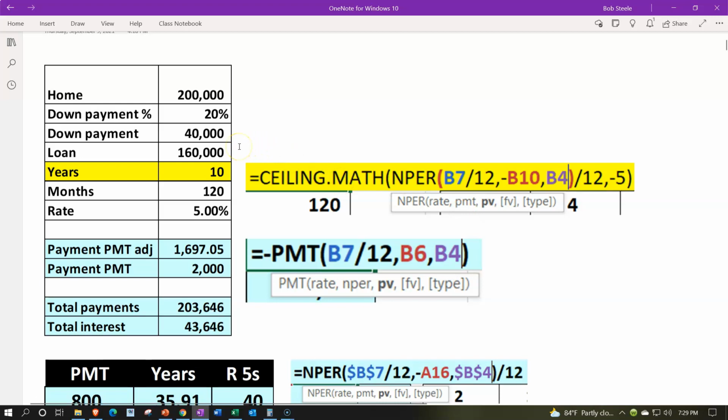That's going to be the $160,000 in this case. If we just stopped there and had just this portion here to here, that would then give us the number of periods, but it would be giving it in months. And what we want is years.